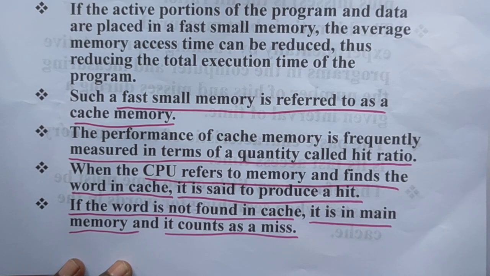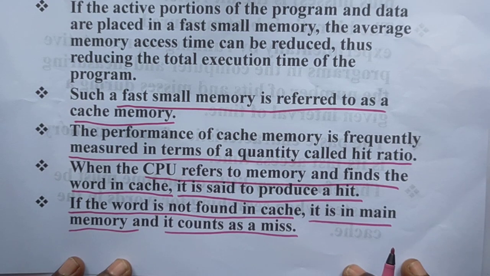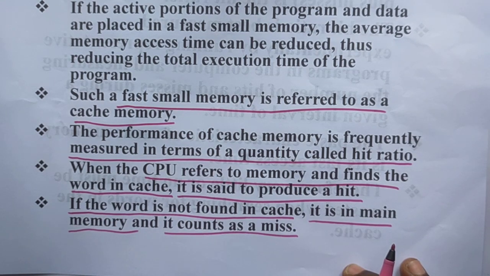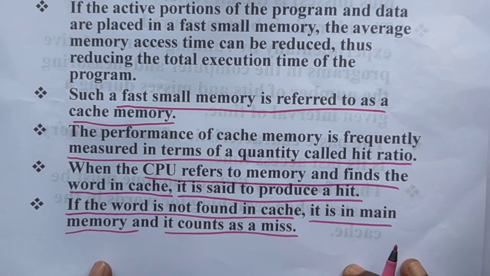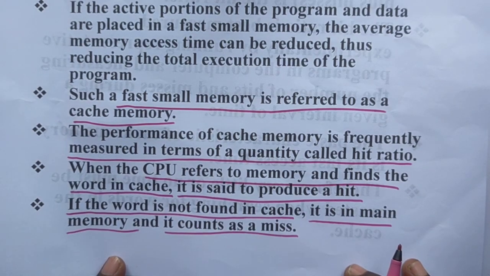Data available in cache we call a hit, data not available in cache we call a miss. Based on that, we have to search for our words or data from either cache memory or main memory.